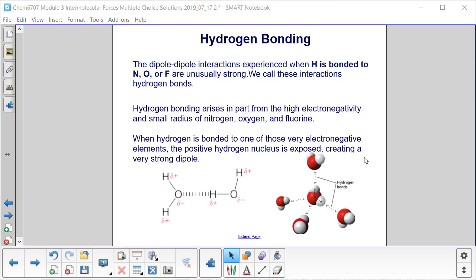When hydrogen is bonded to one of these very electronegative elements, as we see in this water molecule, the positive hydrogen nucleus is exposed. So we have a very highly partially positive charge here and a partial negative here. And that creates this very strong dipole and this very strong hydrogen bond between the molecules.